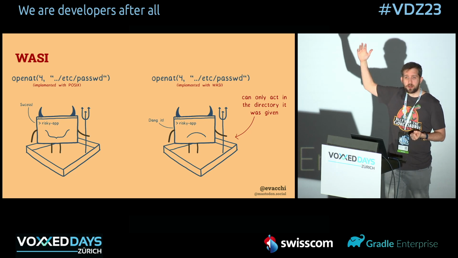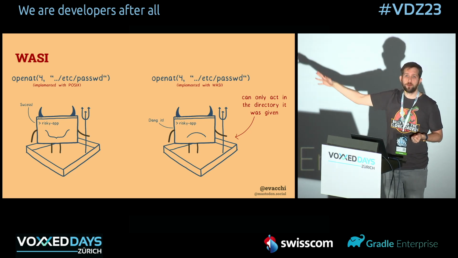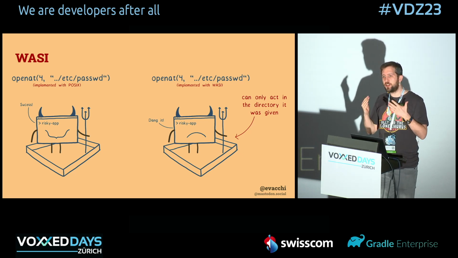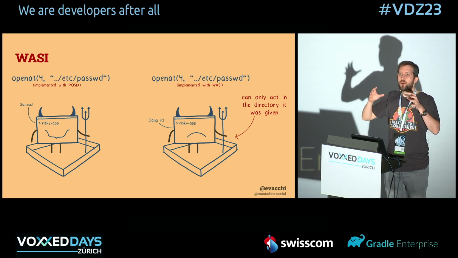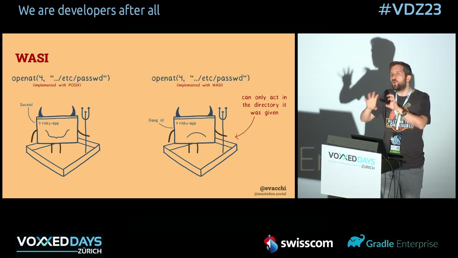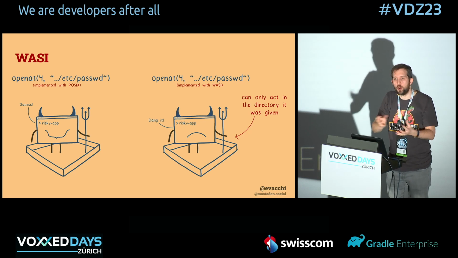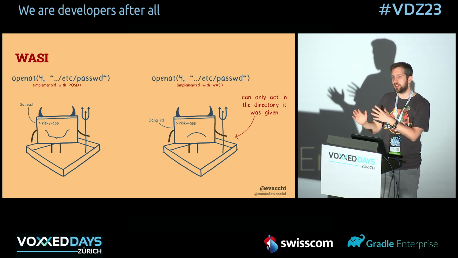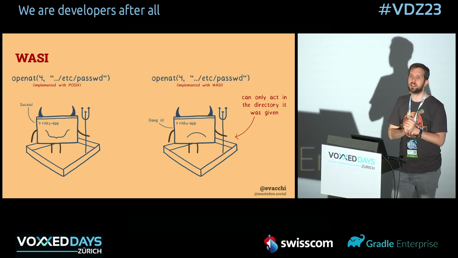And the same goes for the file system and for networking, which is basically, if you think about it, what Docker does. You do not give your application unrestricted access to your operating system, but only to a view of your operating system. And that's what WASI does, but without running native code, rather code that runs in a WebAssembly runtime.